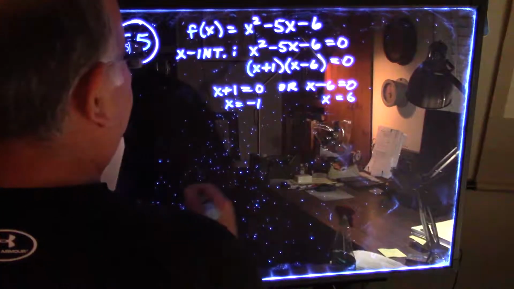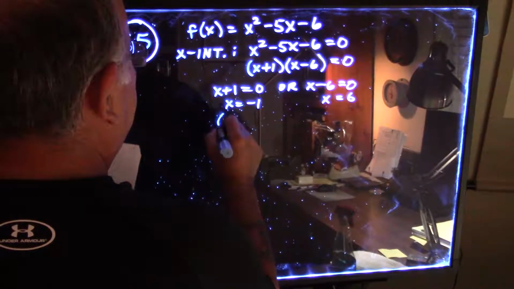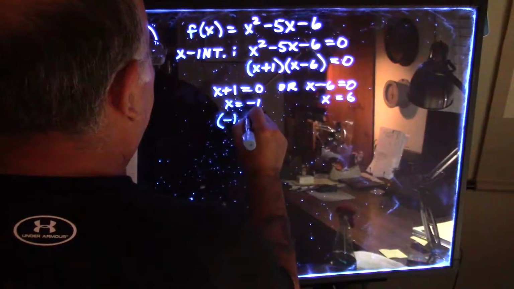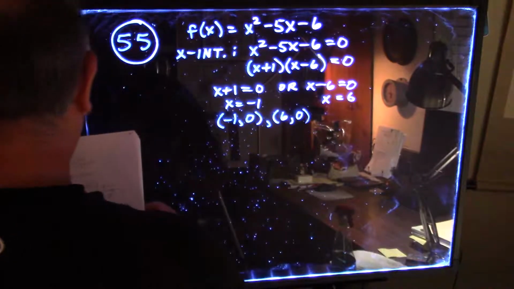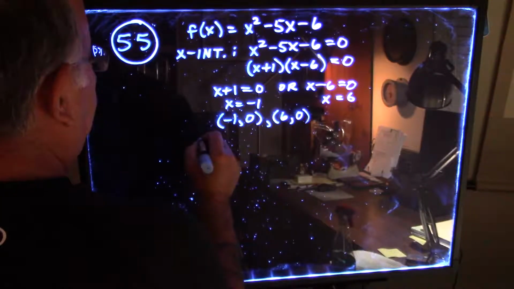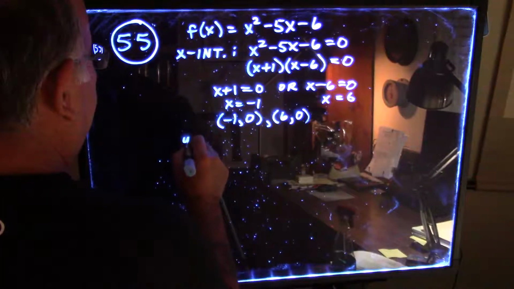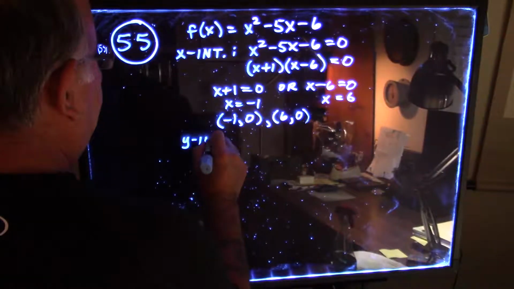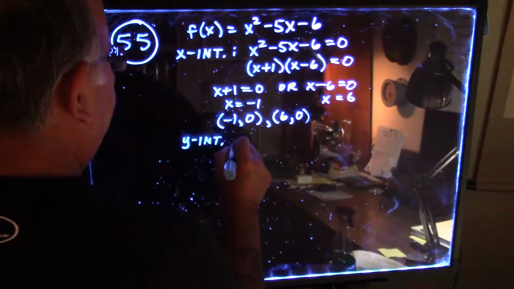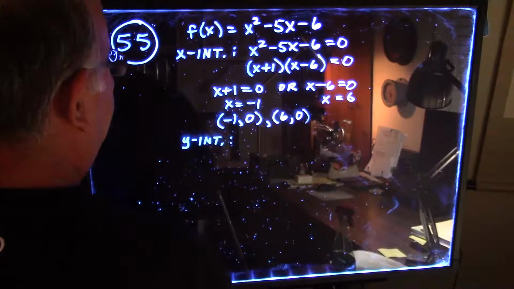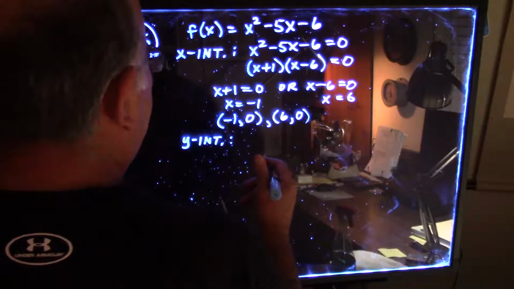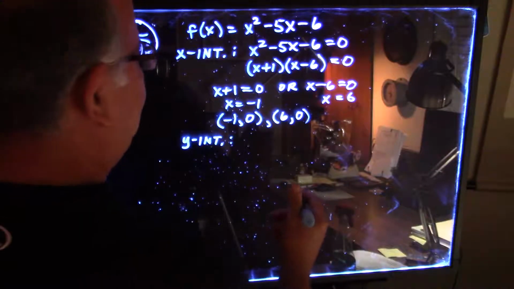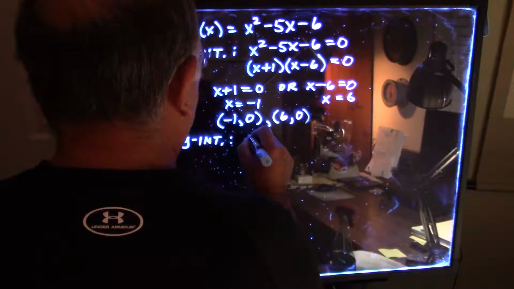Alright, so we have two x-intercepts, (-1, 0) and (6, 0). Okay, there's also a y-intercept, which I noticed isn't always in the answer section in the book. But there is a y-intercept on these all the time, and they didn't specify which intercept, so we should do this.